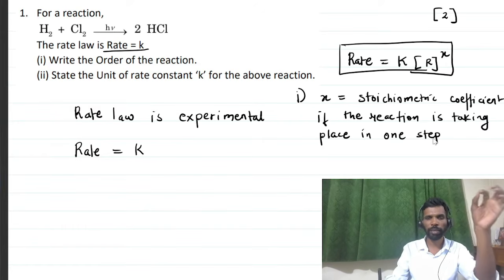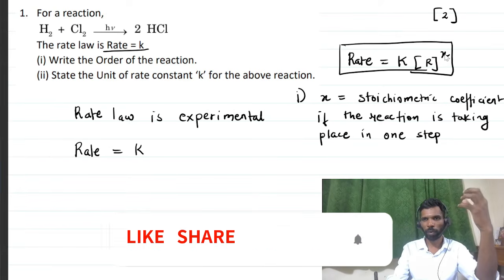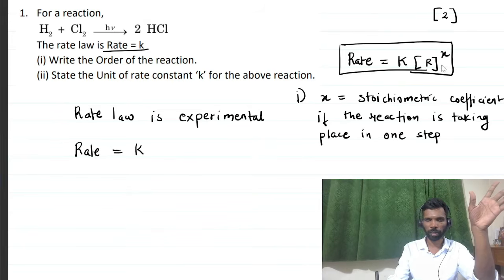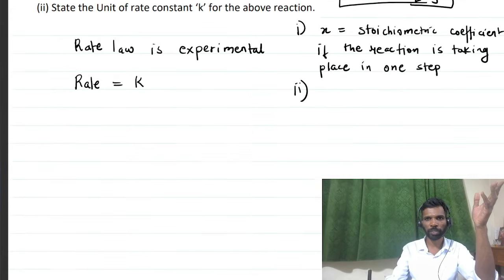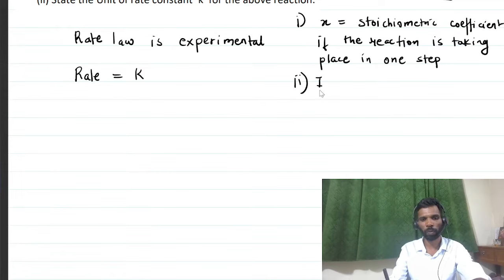Then these powers will be equal to the stoichiometric coefficients. And if the reaction is complex and takes place in more than one step, x is not equal to the stoichiometric coefficient.